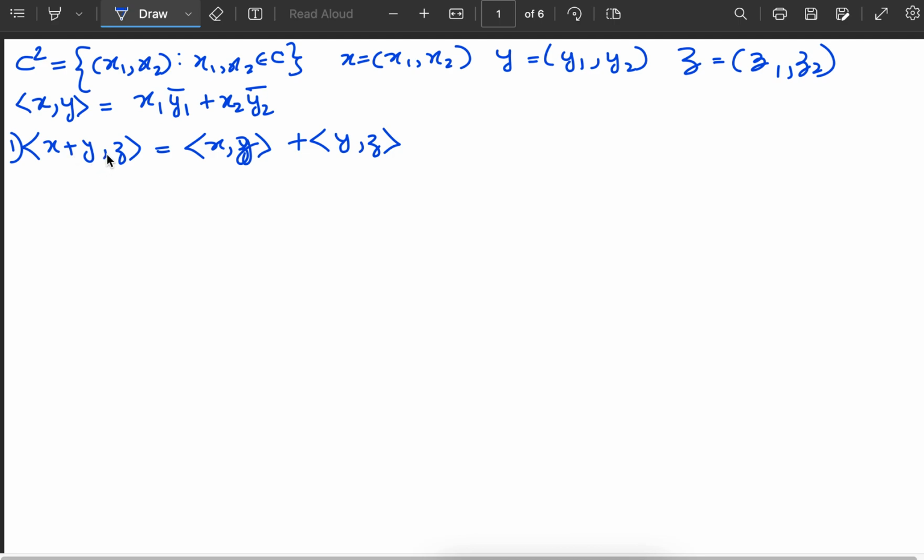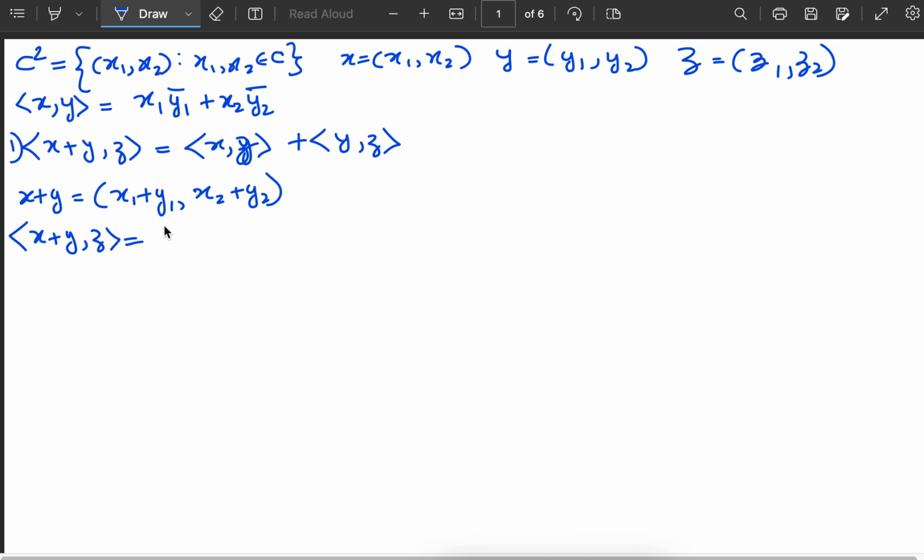Okay. So here x is this and y is this. So what will be x plus y? X plus y will be equal to x1 plus y1, x2 plus y2. So by the definition of this inner product, x plus y, z will be equal to: for the first element, we take x1, x2; for the second element, we need to take its conjugate here.